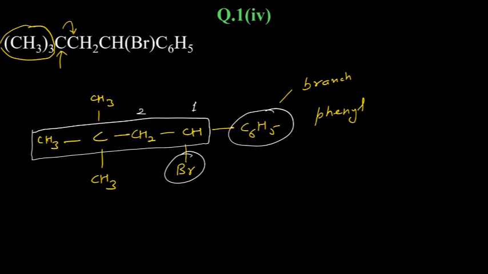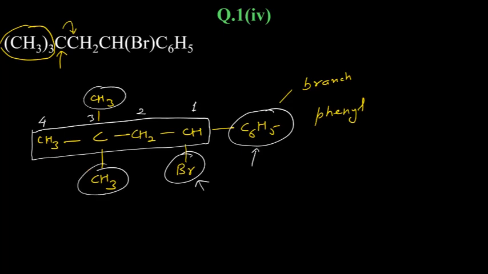So it means the numbering will be from right side. Now on first you have bromo and phenyl also. On third you have methyl.